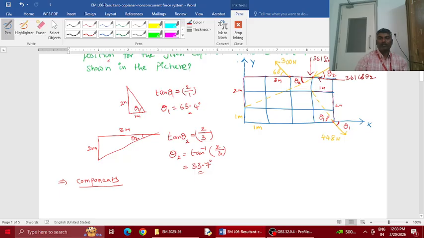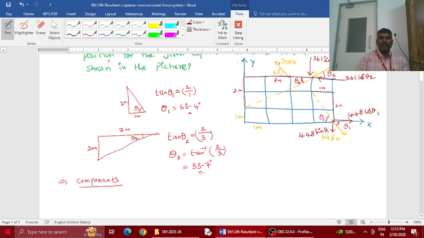Similarly, these two are the components of 448: 448 cos theta 1 and 448 sin theta 1. We already found theta 1 and theta 2.